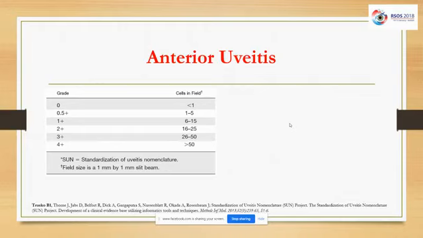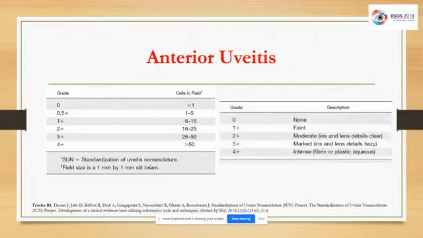If the cells are from 1 to 5 in a 1 millimeter field, it will be graded plus 0.5. If there are cells 6 to 15, it will be graded as plus 1. 16 to 25 will be graded as plus 2. 26 to 50 will be graded as plus 3, and more than 50 will be graded as plus 4. So this is the grading according to the anterior chamber cells.